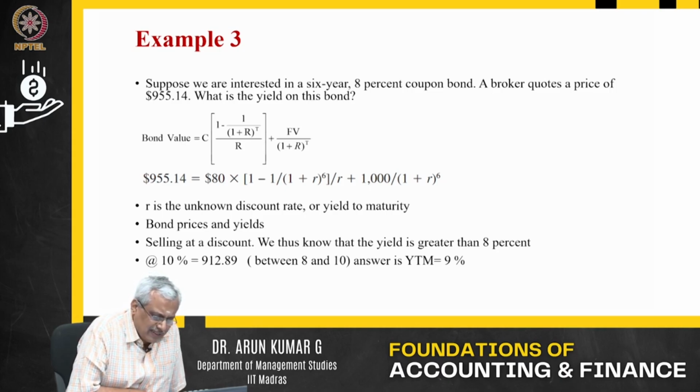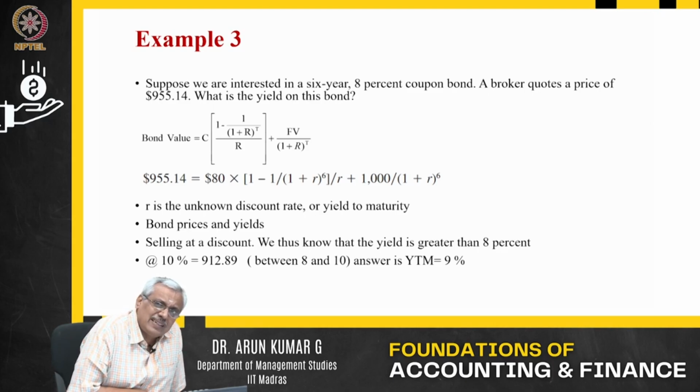By a little bit of trial and error you can try. It's somewhere between about 8 and 10% out there. So in the same equation, now I know that the bond is selling at a discount, 955.14. It's a $1,000 bond.